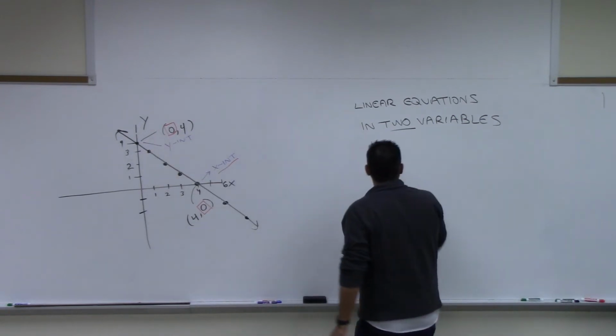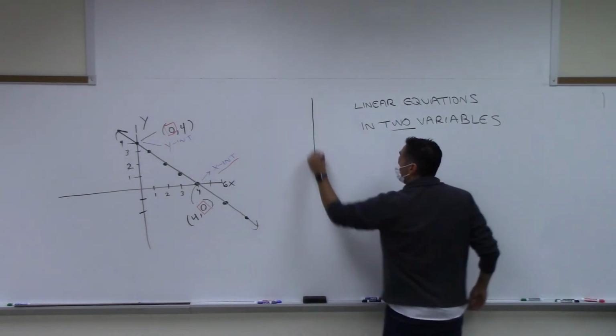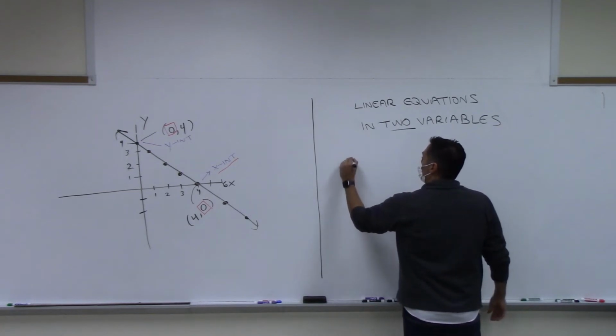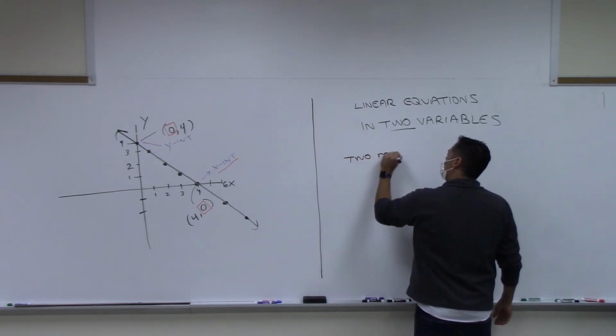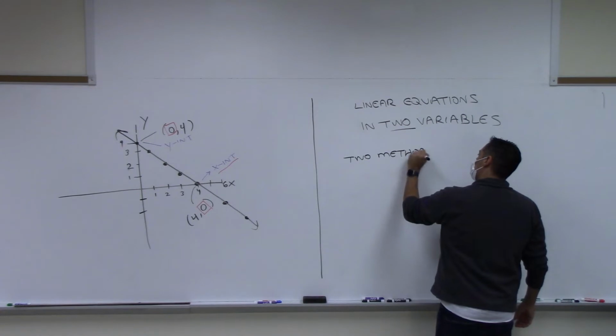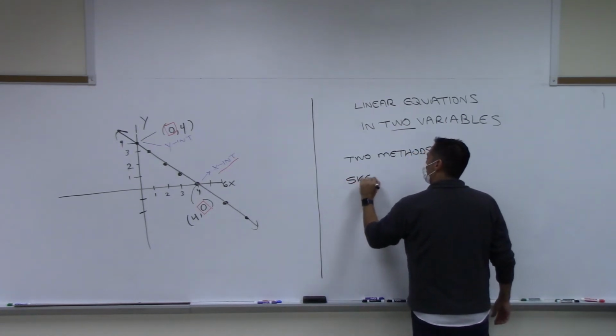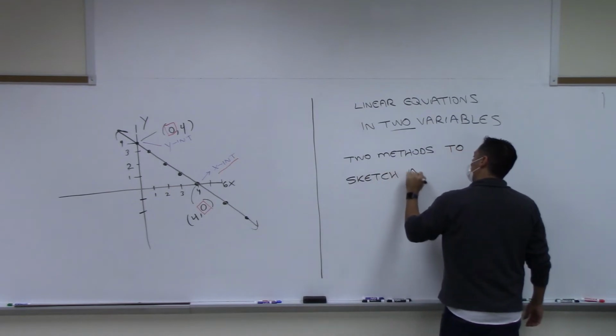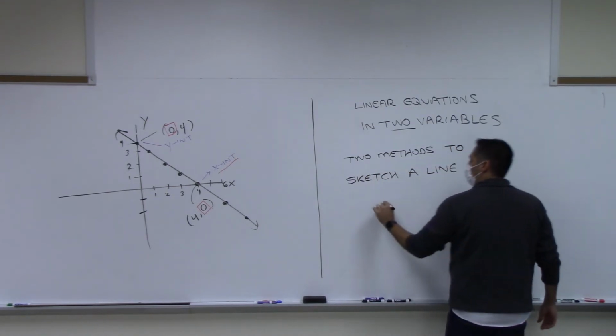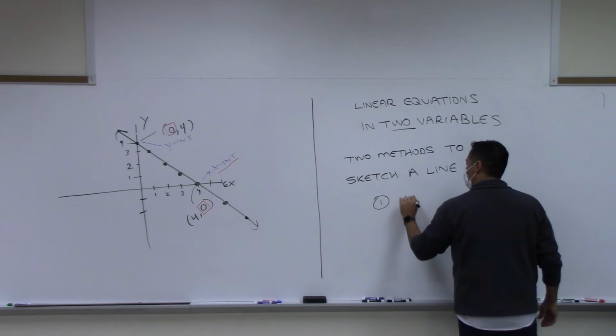All right, let's do something here. Let's get down to business here. So there are 2 methods to sketch a line. The first method is called the intercept method.